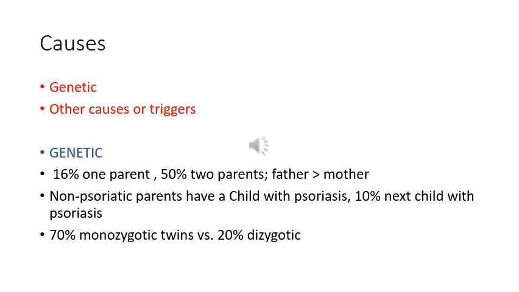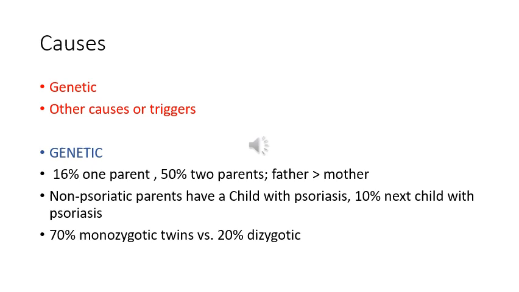Now we will see the causes or triggers of psoriasis. The first major cause is genetic itself. The genetic relation is that if one parent is affected, there is a 16% chance for the offspring to get psoriasis. If both father and mother are affected, there is a 50% chance that the offspring gets psoriasis.